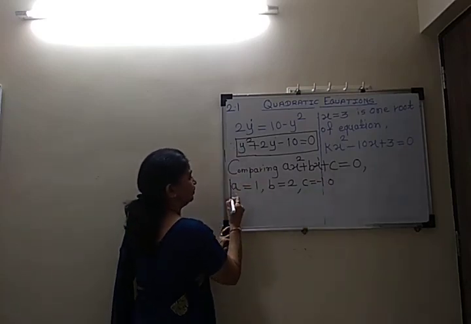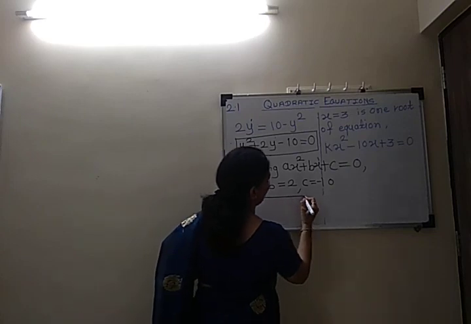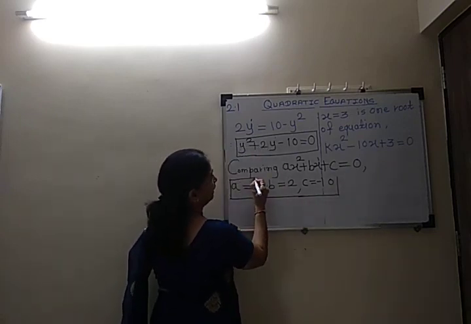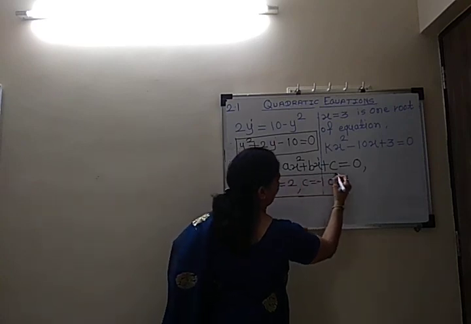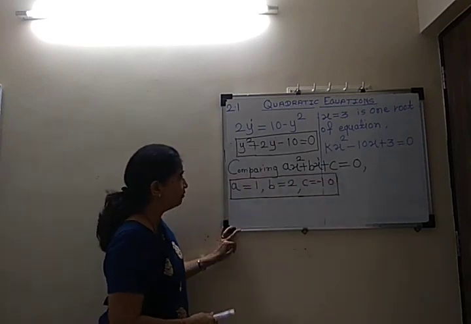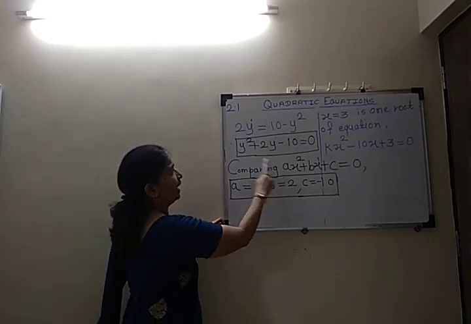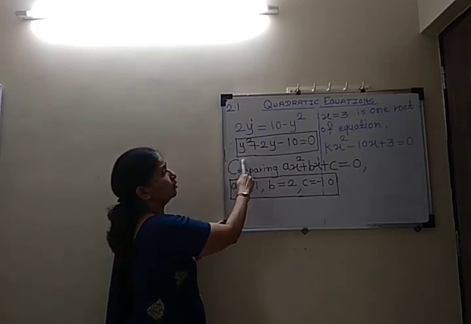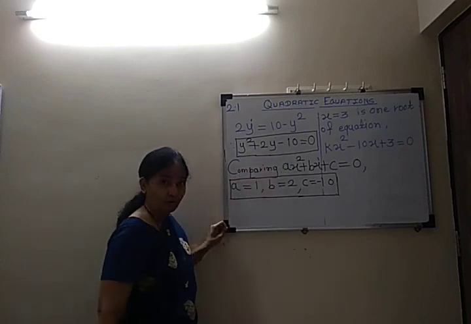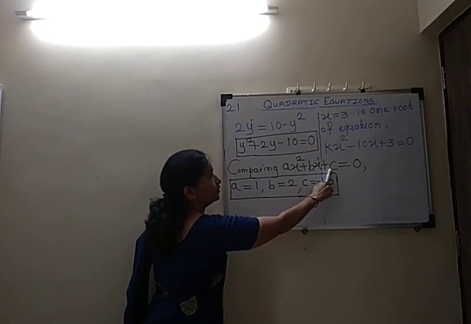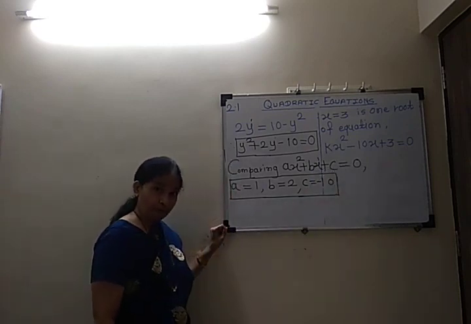So, in this way, we got the values of a, b and c. Remember always that you have to compare the quadratic equation with ax square plus bx plus c is equal to 0.